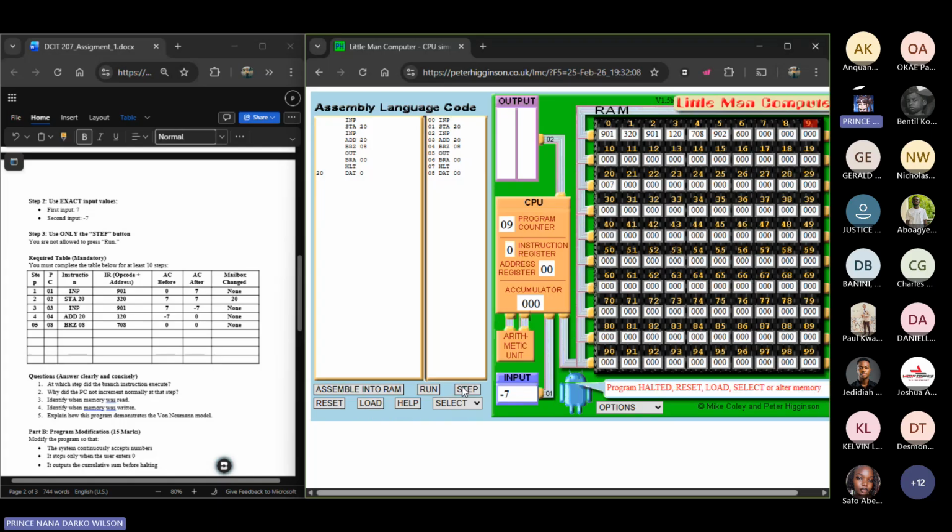So now look here. The program counter increments from 8. We're on step 6, and it moves to 9. After it moves to 9, the instruction at 9 is unknown. Since there is no instruction at 9, we do not know what to enter there, so we can say there is none.